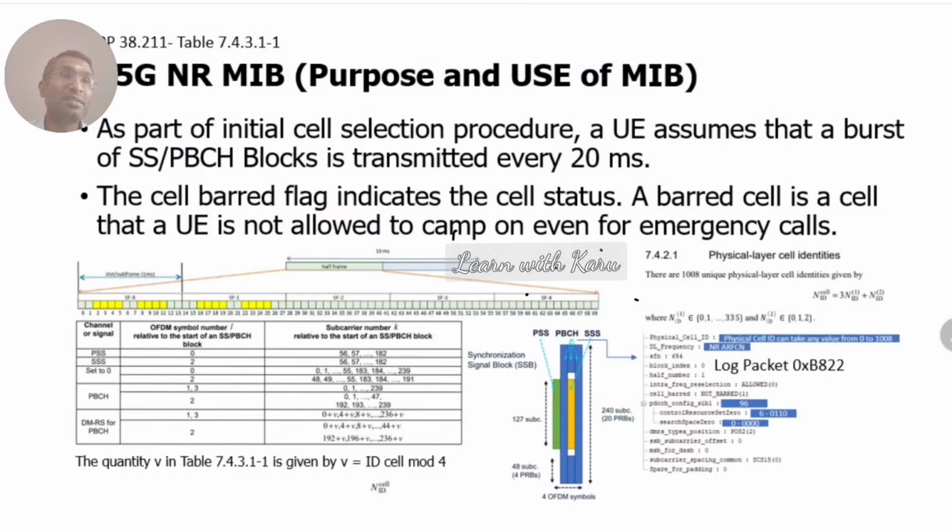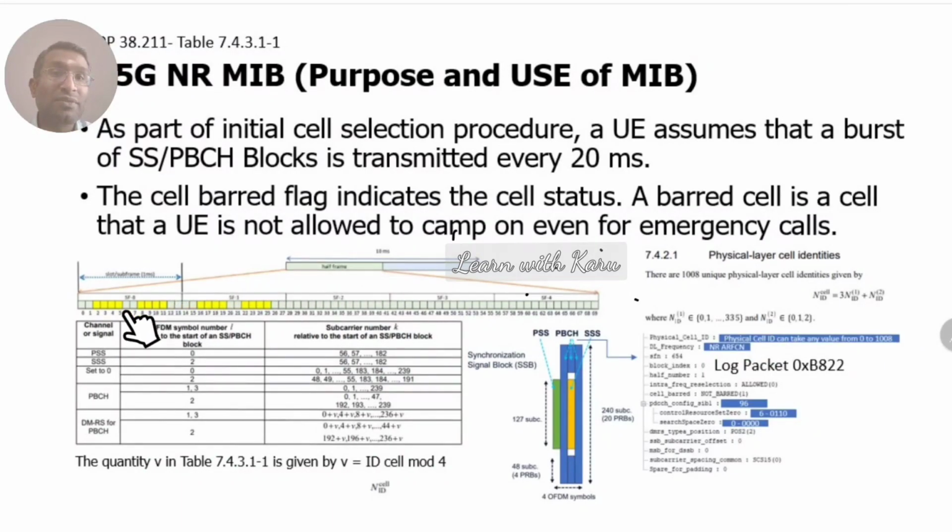As part of the initial cell selection procedure, the UE assumes that the burst of synchronization signal and physical broadcast channel block is transmitted every 20 milliseconds. It has a periodicity of up to 160 milliseconds, but the initial assumption is going to be 20 milliseconds.